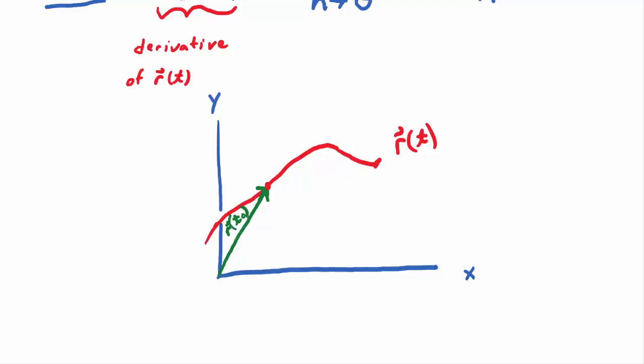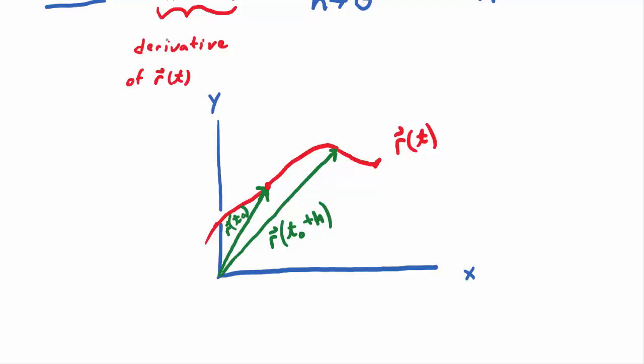And then suppose we add h to t naught. So we get this vector, which we could think of as r of t naught plus h. Suppose that's what you get when you add h. So h is some small scalar. Okay?